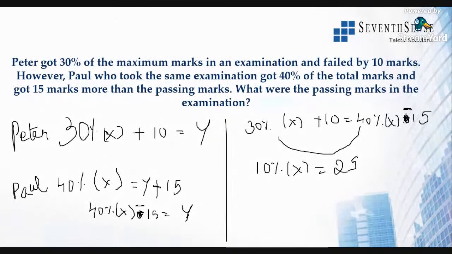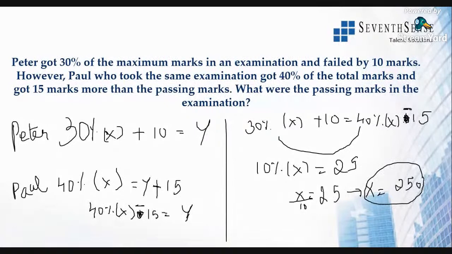I'm so sorry, 40 minus 30 is 10, 10 plus 15 will be 25. So 10% is X by 10 is equal to 25. So total marks here, X is equal to 250, right? Total marks is 250.